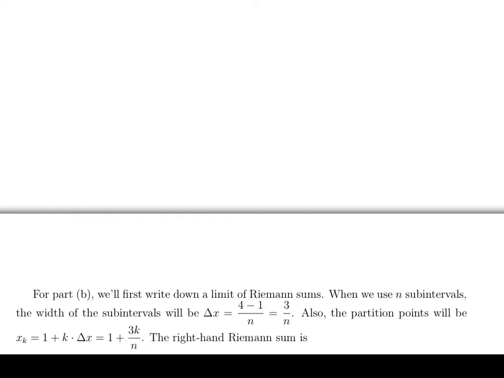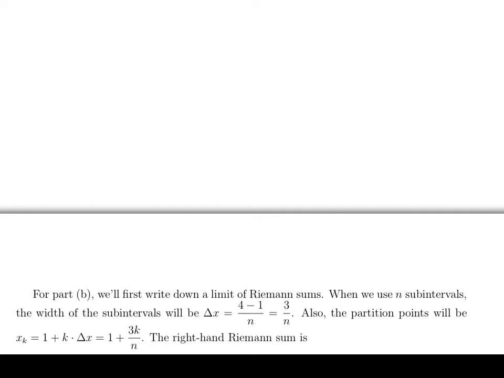What we have to first write down is a limit of Riemann sums. Now we're going to use n subintervals, and we know that the width of each subinterval is going to be delta x, which is (4 minus 1) over n, and that's 3 over n. We can also write down what our partition points are.